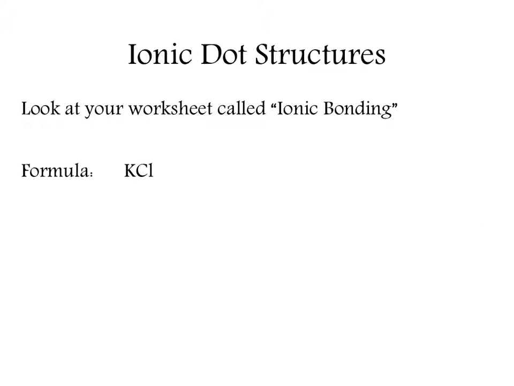So, look at your worksheet called Ionic Bonding, or at least the side of your worksheet called Ionic Bonding. Let me show you what I mean. So it says the formula is KCl. So for electron dot of atoms right here, we know that K is in group 1.